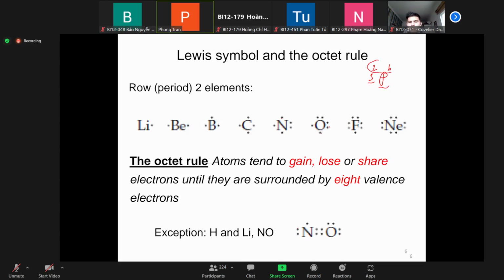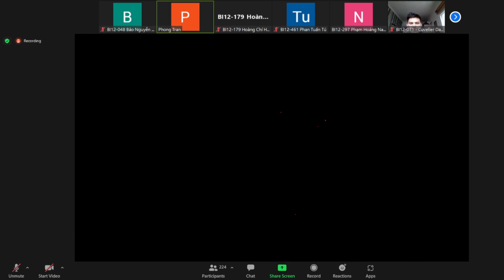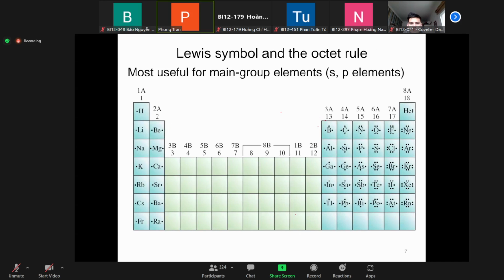So in total, you will have a maximum of 8. So the octet rule is the most useful for the main group elements, the s and p elements.